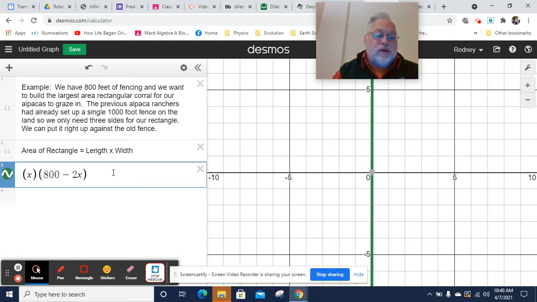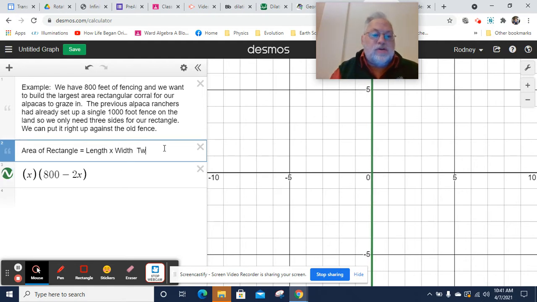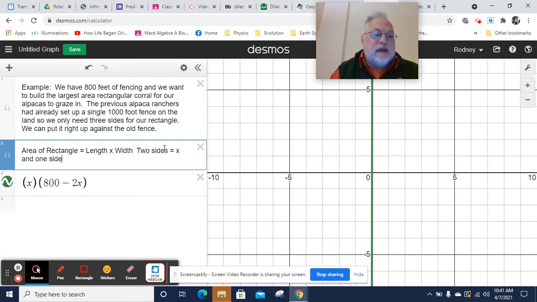What we want to do is figure out the best x value for those 2 sides, and of course that'll give us our other side. So we've got 2 sides that are size x, and 1 side equals 800 minus 2x.